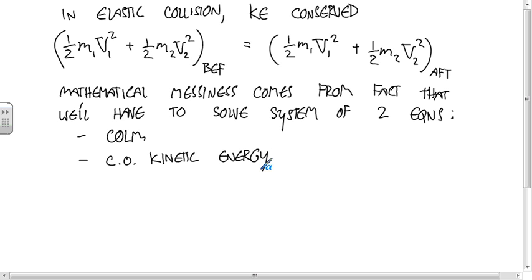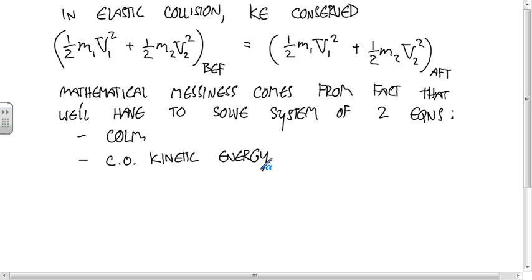And so how is it that we only had to solve one equation for the inelastic case, and we have to solve two equations for the elastic case? That doesn't seem right to me. If you have more equations, you must be getting more out of it, right?